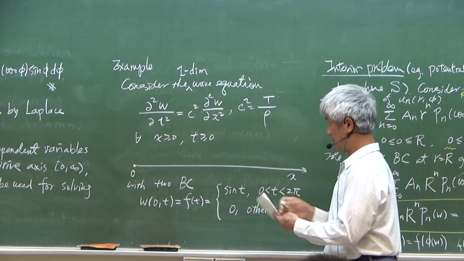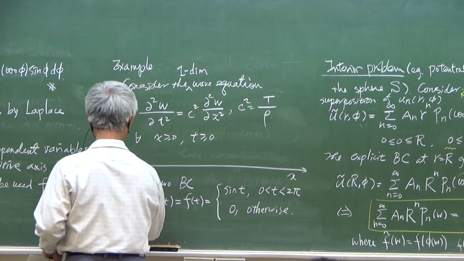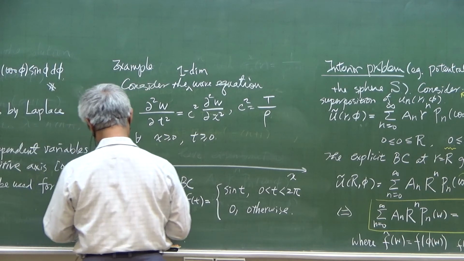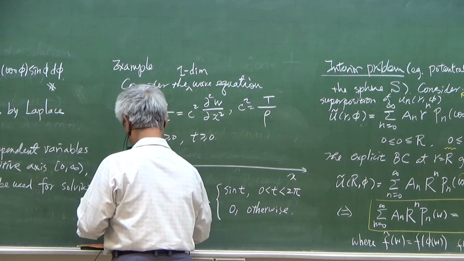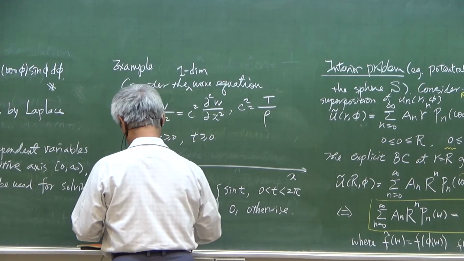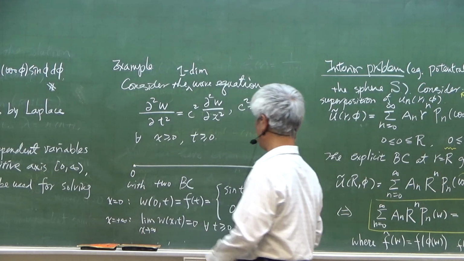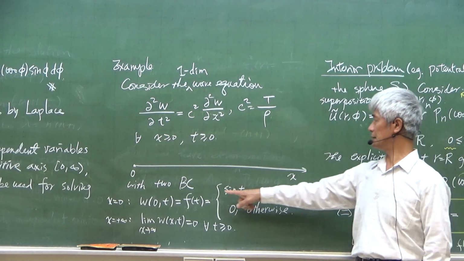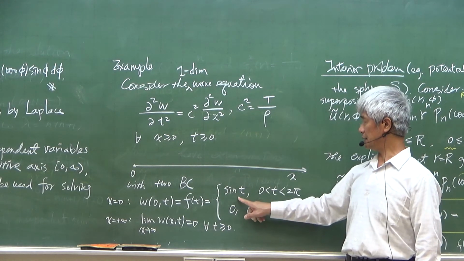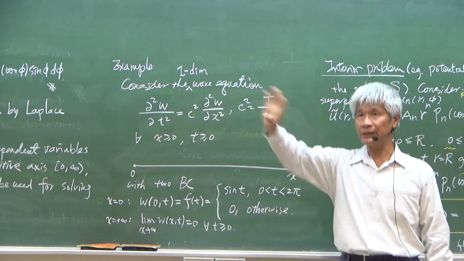So this is at x equal to 0, and for x equal to infinity, we assume that u is equal to 0 for all t. This is physically meaningful, because the excitation lasts just a very short time period, and then the wave will propagate.